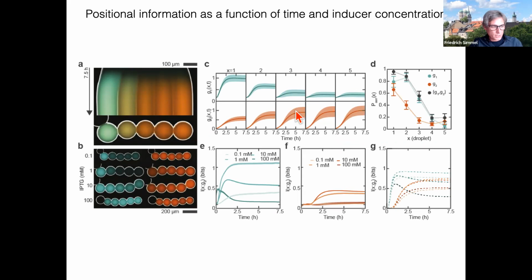It turned out that the overall size of the droplets did not seem to matter too much, but it's really variability in gene expression in the different droplets, which we think comes from the compartmentalization in the first place.